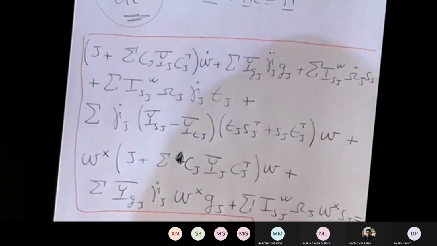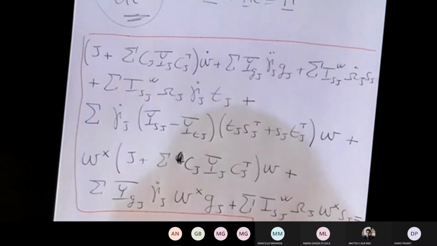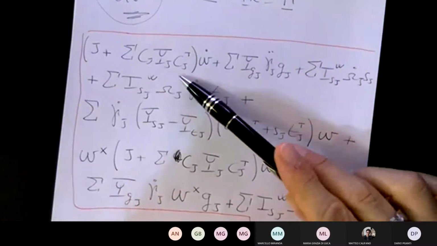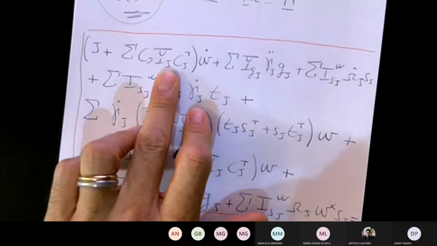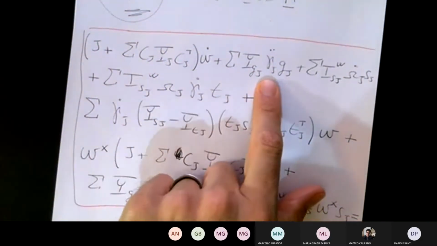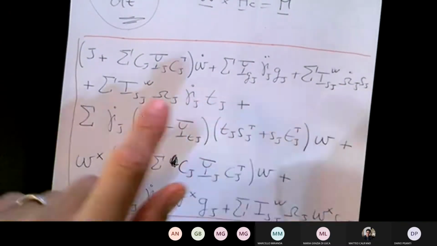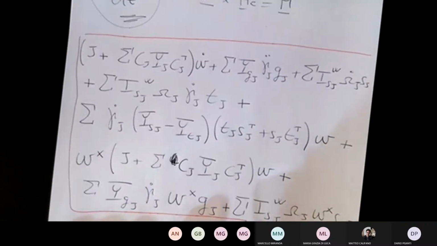Now these equations, they better collapse to Euler's equations when we stop all these momentum exchange devices, when we prevent them from moving. And let's see, they do. If the S, T, and G's, we lock them in place, they don't change. Well, this is not a variable matrix anymore, so you can collapse this into just a J. This goes to 0, gamma j double dot goes to 0, omega j dot goes to 0, this goes to 0, this goes to 0.